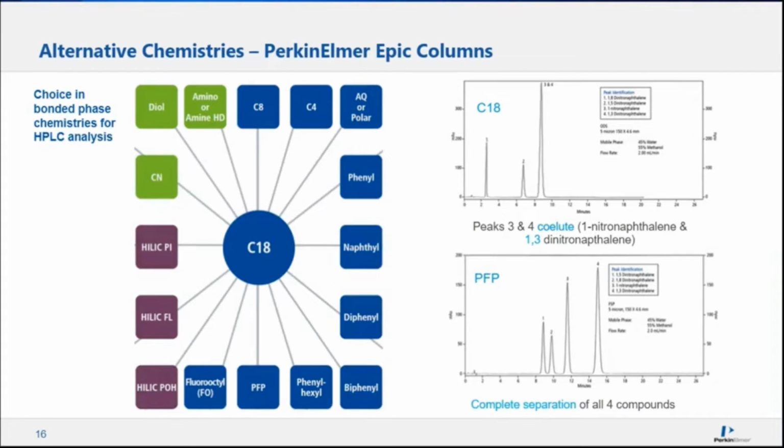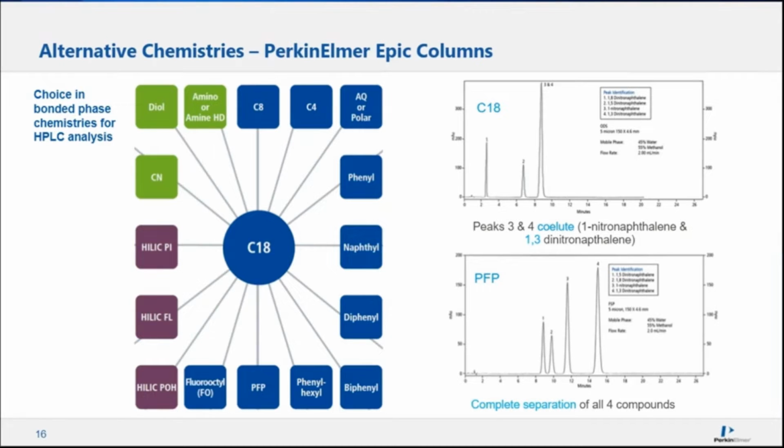But again, we could see in this diagram that the C18 is the center and the workhorse. However, there are many separations in which the C18 fails to provide adequate or even poor separation of many analytes. We could see a comparison of two chromatograms on the right side, a separation of 4 components.